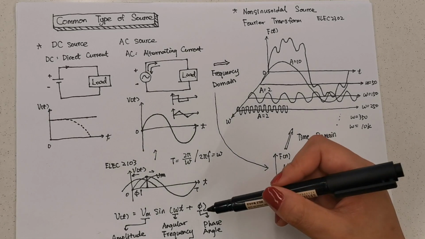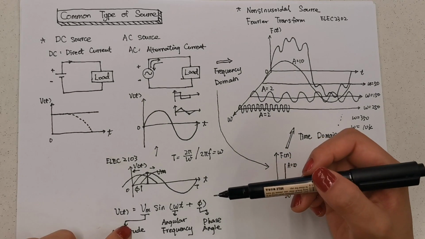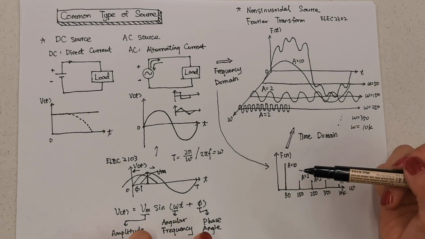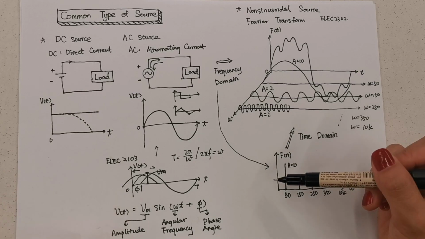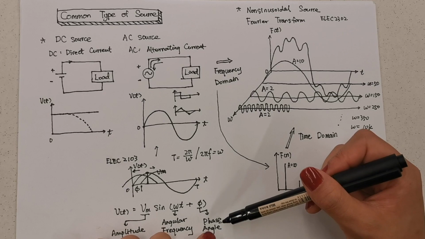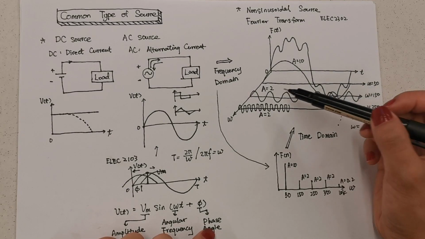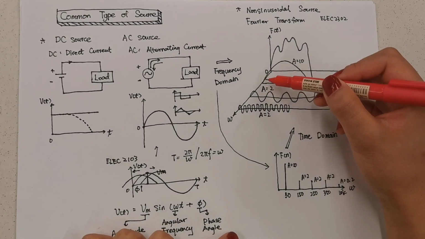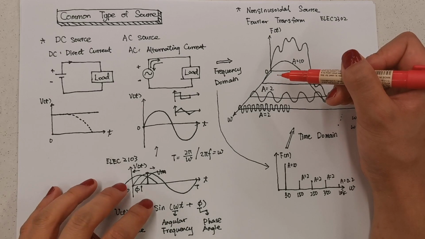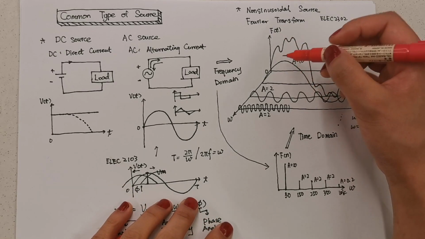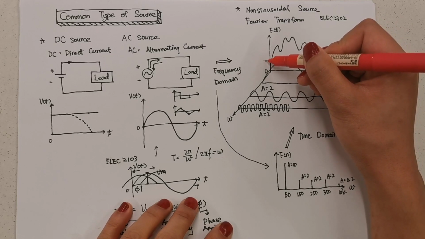However, as I said here, we need amplitude, angular frequency, and phase angle to describe a sine wave. But now we only have amplitude and frequency. We need to define the phase angle in those decomposed sine waves. In this example, all sine waves start from 0, but in the real world, those sine waves might not always start from 0. Sometimes it can start from here.